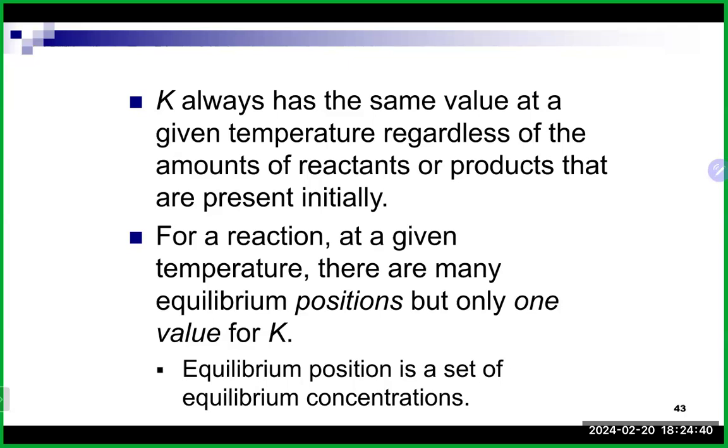That was what we were talking about the other day when I did 4 divided by 2 gives you 2, 2 divided by 1 gives you 2, 8 divided by 4 gives you 2. They all give you the same ratio, even though they're different numbers. So it's the same idea with the equilibrium constant. You get the same ratio at the end, even though you have different numbers. The ratio of those products to the reactants will end up the same. Any questions on that?